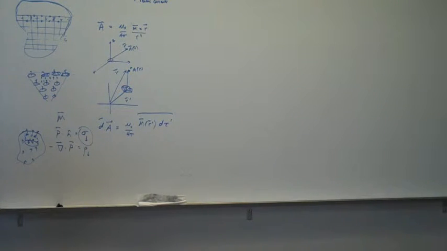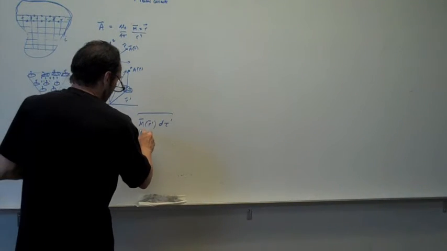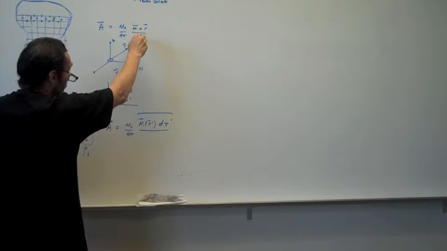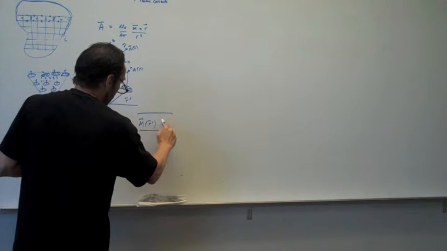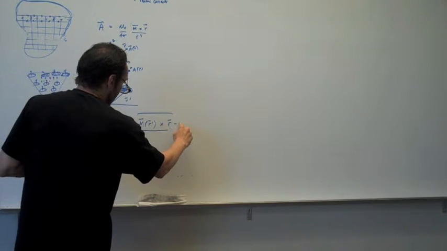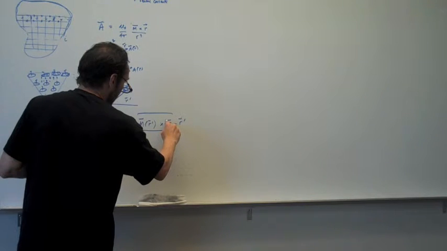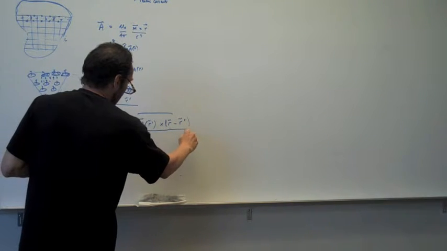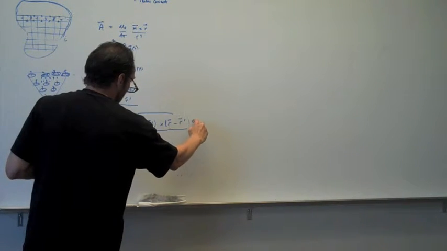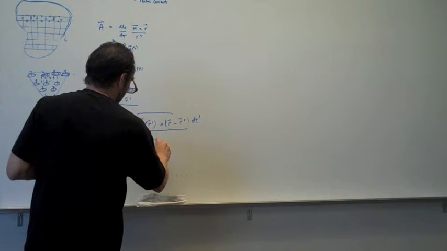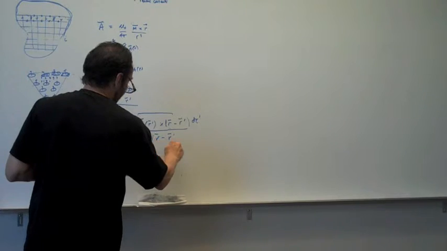Magnetic moment per unit volume times volume gives you the total magnetic moment. This is no different. And now this will have to be crossed into R minus R prime, d tau prime, divided by the magnitude of R minus R prime cubed.